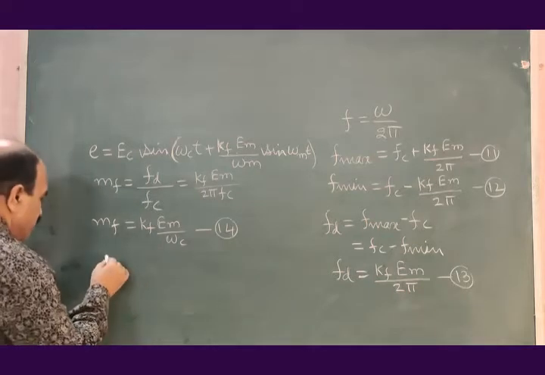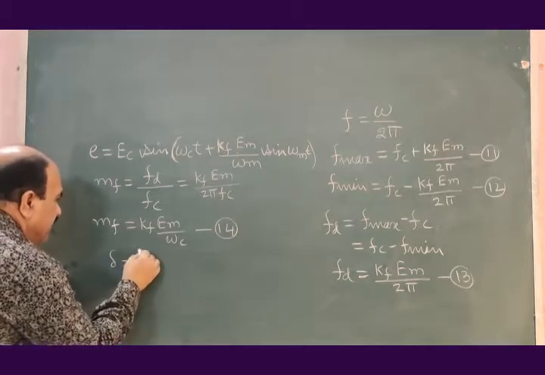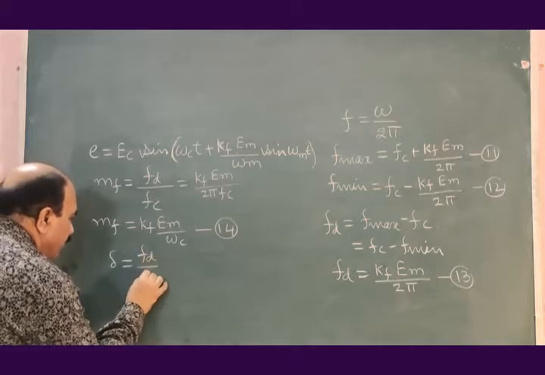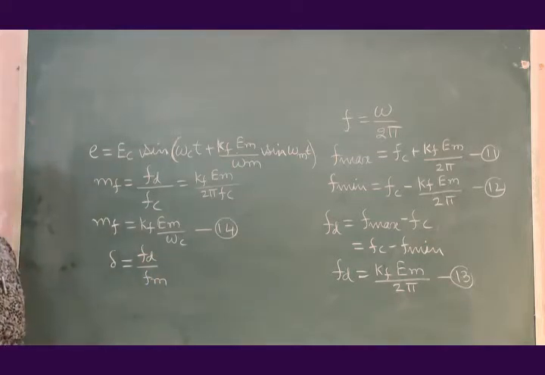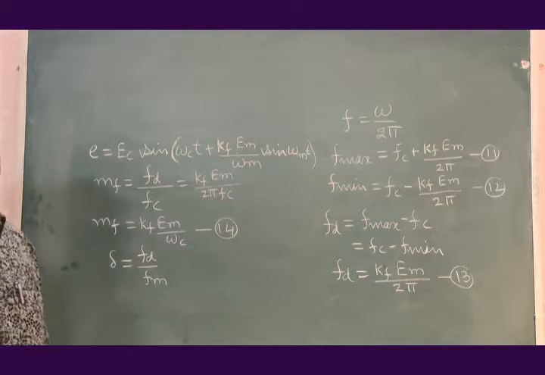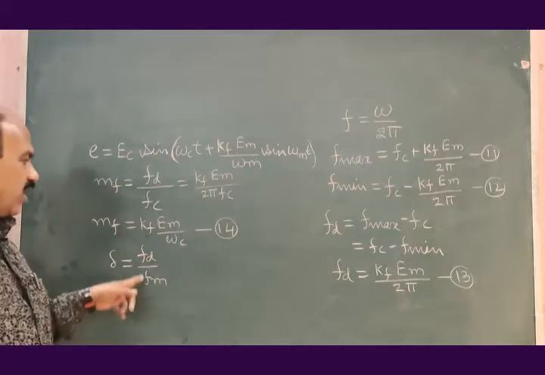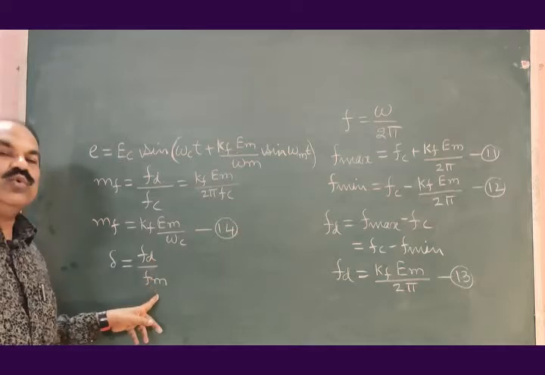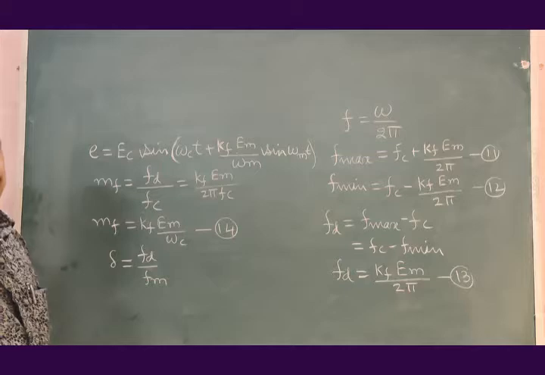Frequency deviation ratio is represented by delta, and this delta is given by the ratio of fd to fm. Frequency deviation ratio delta is defined as the ratio of frequency deviation to the modulating frequency.